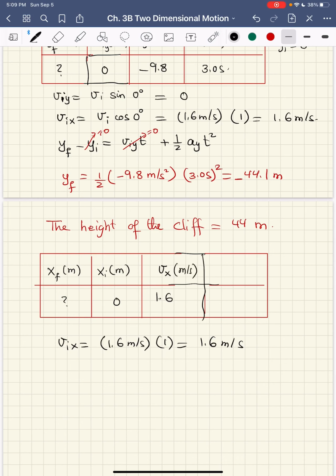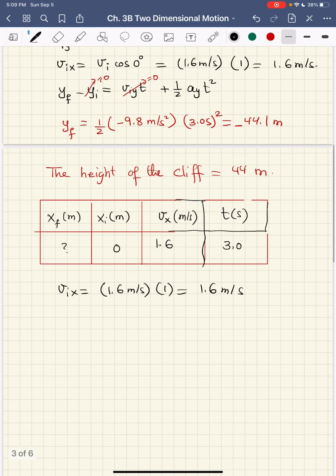And the time is again 3 seconds. The time is listed here in seconds, and this is 3.